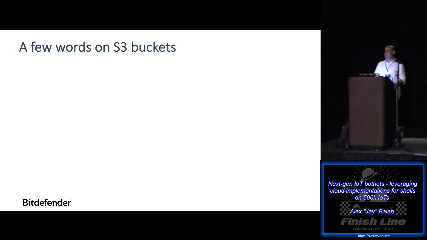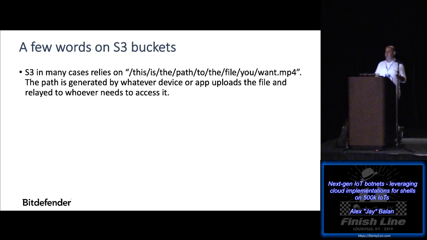Now, a few words on S3 buckets. I'm sure you're familiar with the way they work. I wasn't. But I've talked to some of our cloud guys, and they're telling me that traditionally in S3, the way it works is that a device creates a file, stores it on S3 on a path, and then relays that path to the mobile app that needs to access that file.